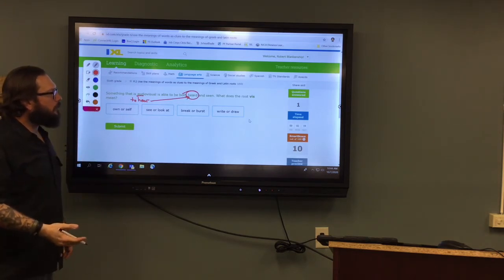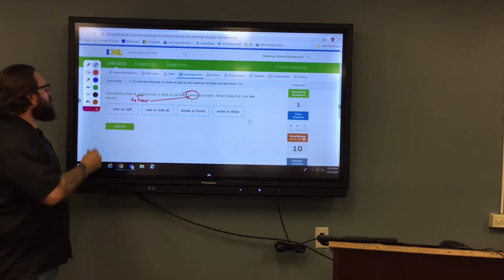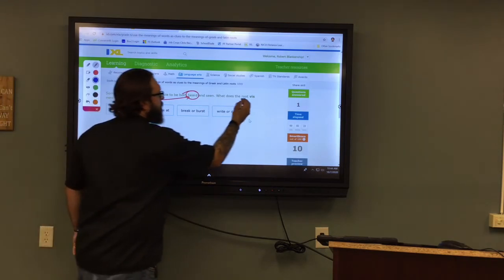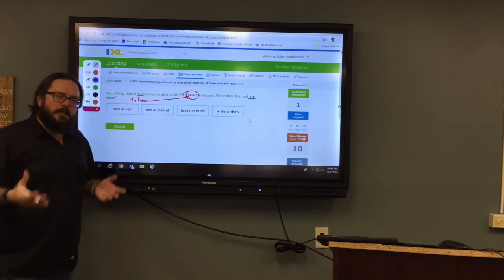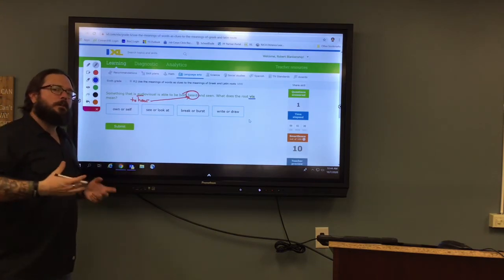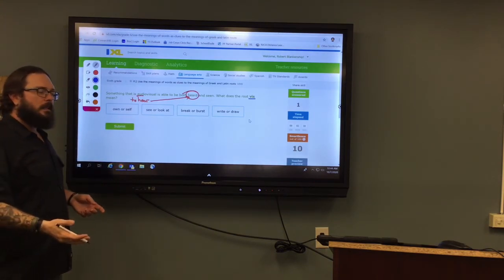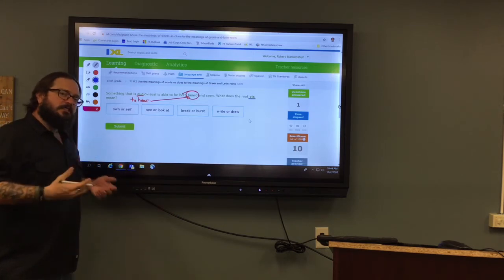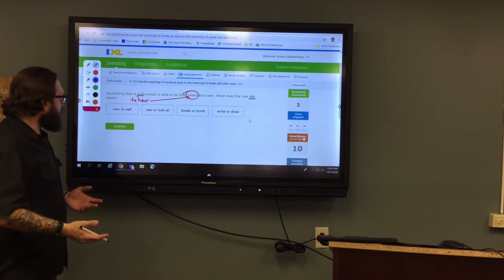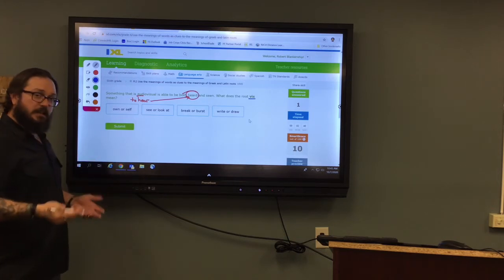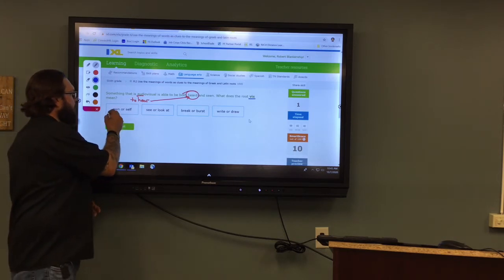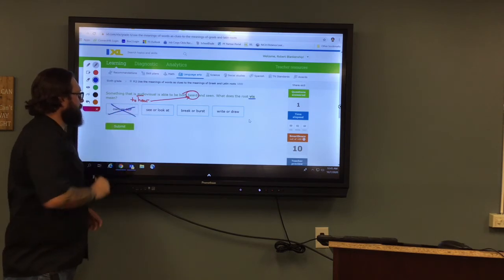Now, let's focus on the root vis. If the aud is the hearing part of audiovisual, vis needs to be the seeing part. So when we look at our examples, own or self, well, we know that from a previous problem.